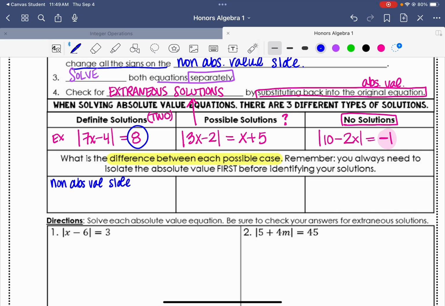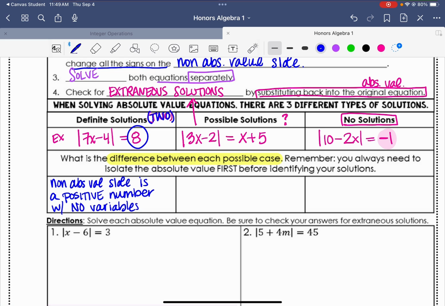See, that's the side that's not the absolute value. That's going to be a definite solution if the non-absolute value side is a positive number with no variables. That's the case. We'll always have 2 solutions here.